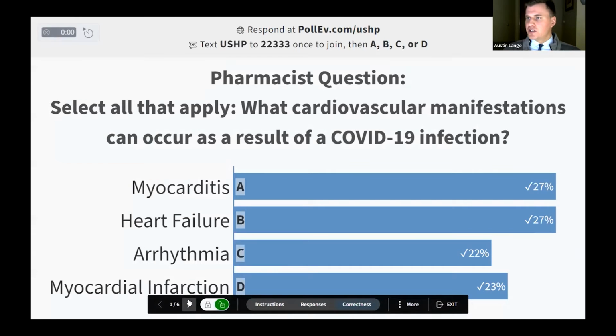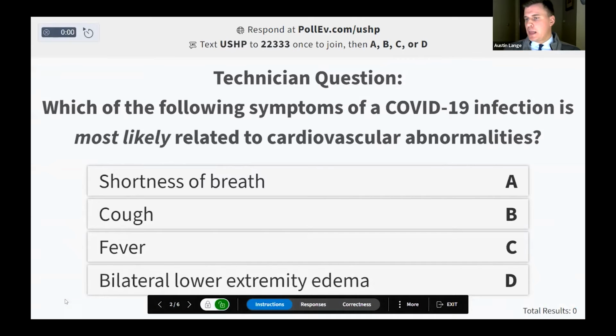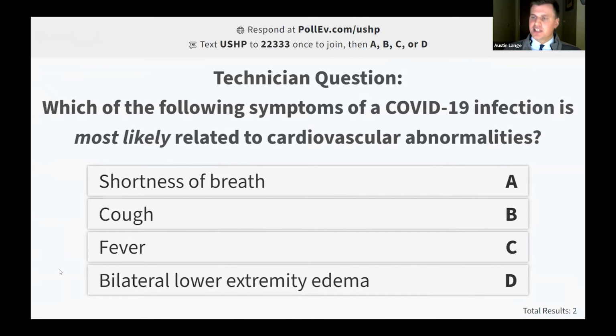All right, so a question for technicians. Which of the following symptoms of a COVID-19 infection is most likely related to cardiovascular abnormalities? Shortness of breath, cough, fever, or bilateral lower extremity edema?